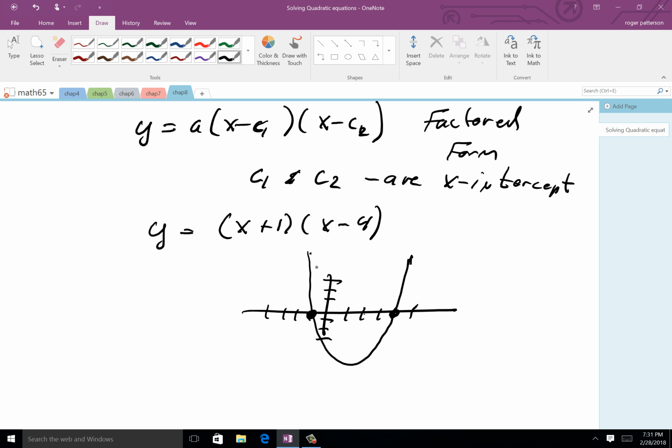I was just going to say that. The problem is we don't know what the vertex is, right? But you can figure it out because the vertex, this point, is in the middle, because these things are symmetric. This is called the axis of symmetry, which I think they bring up a little bit, but I don't emphasize it a whole heck of a lot.